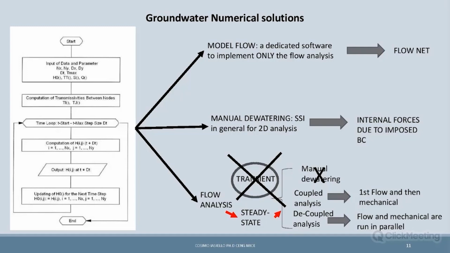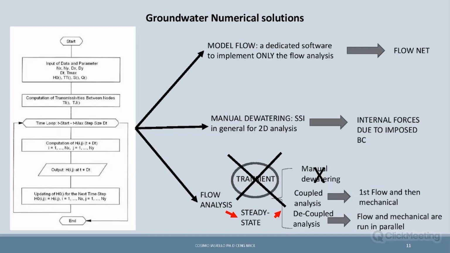On the left is how we should take into account the groundwater. The groundwater data are the soil data, including the permeabilities, the conductivity, the void ratio, and whatever. Then we have the transmissivity between different nodes.